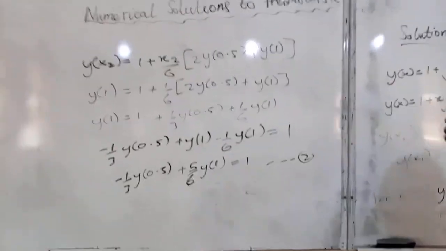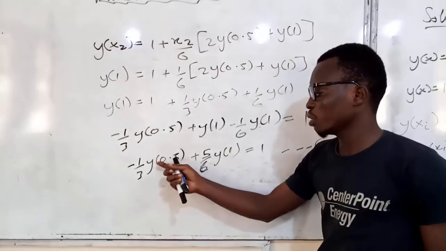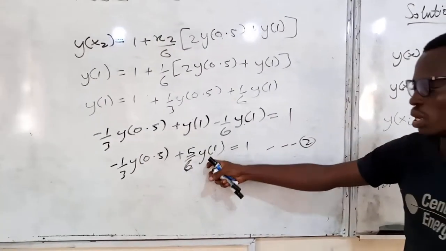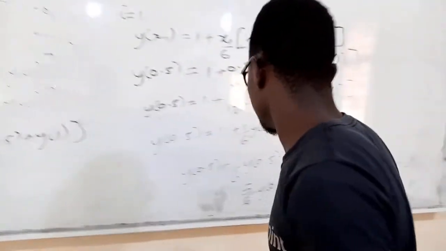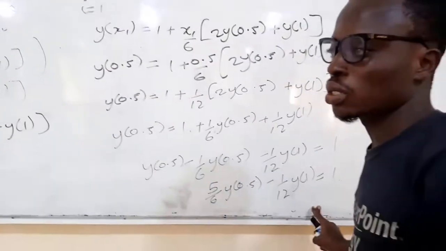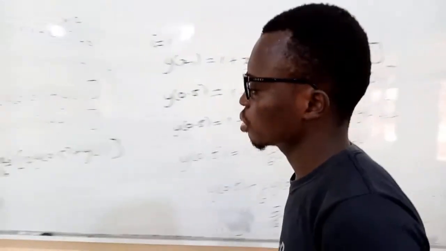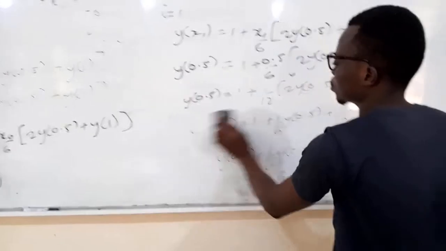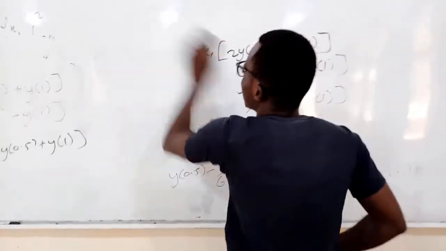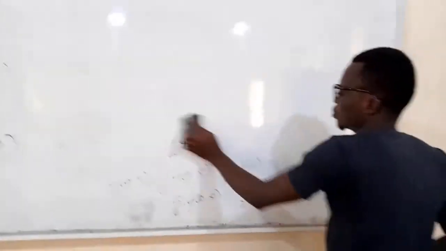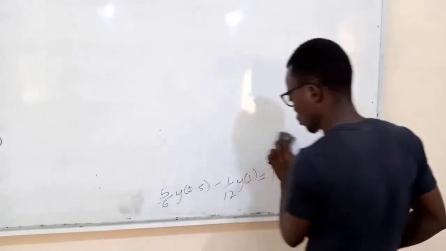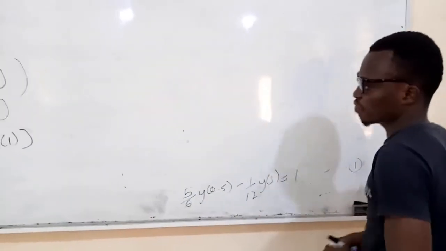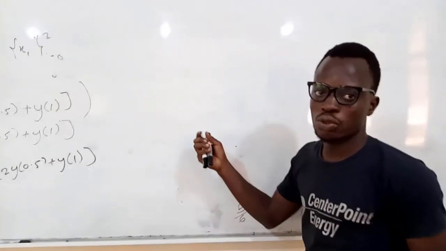Now to solve for these unknowns, y of 0.5 and y at 1, you solve equation 1 and equation 2 simultaneously. So let's use Cramer's rule. Let's first place it in a matrix notation.